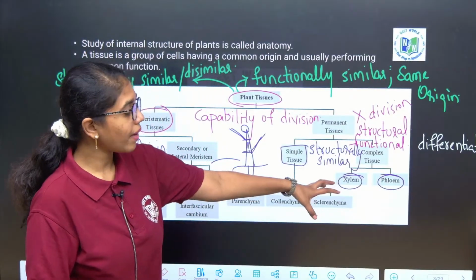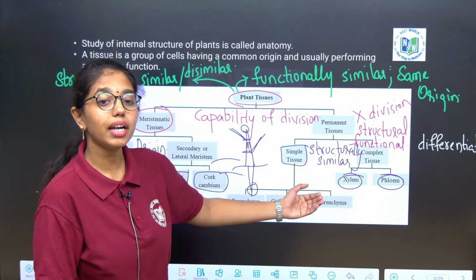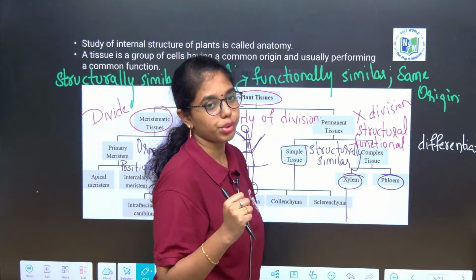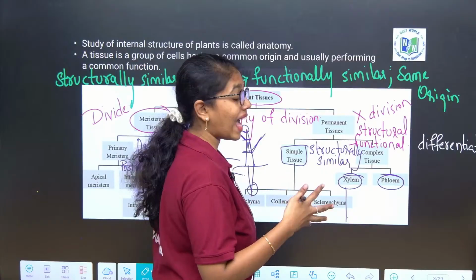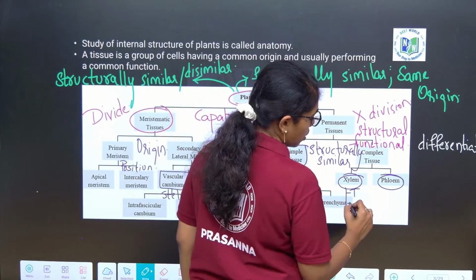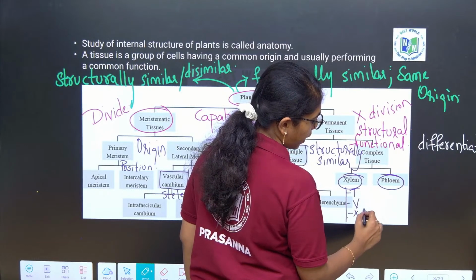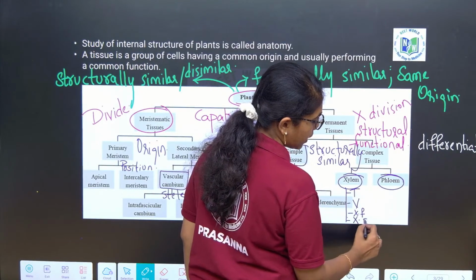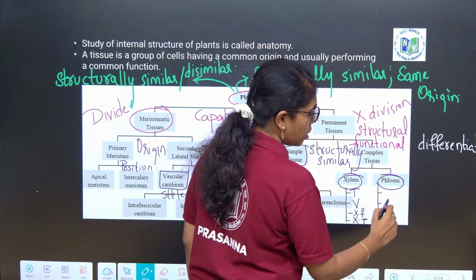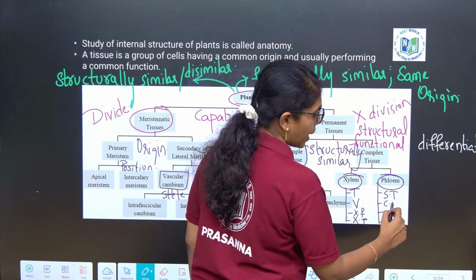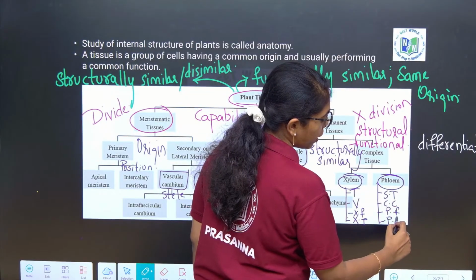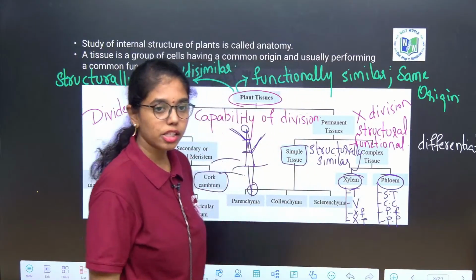Here you can find the structural differentiation. For example, xylem is composed of four tissues. In angiosperms, xylem is characterized by tracheids, vessels, xylem fibers and xylem parenchyma. Phloem is also differentiated into sieve tubes, companion cells, phloem fibers and phloem parenchyma. Understood clearly?